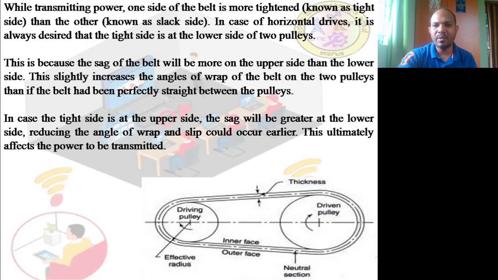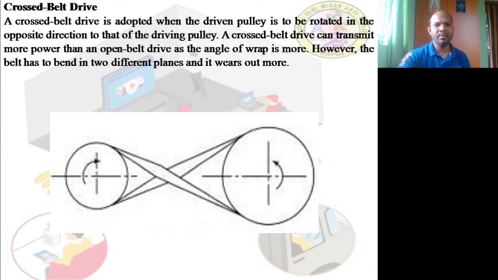The slack side will be greater at the lower side, reducing the angle of wrap, and slip could occur earlier. This ultimately affects the power to be transmitted. Because in 90% of occasions, the slack side will be on the top and the tight side on the bottom. Okay, so this is the one.